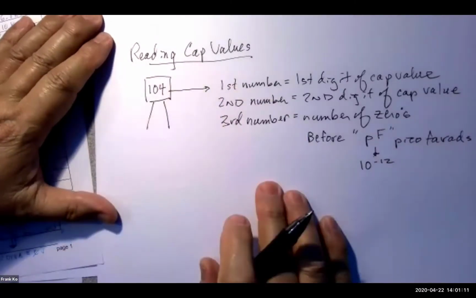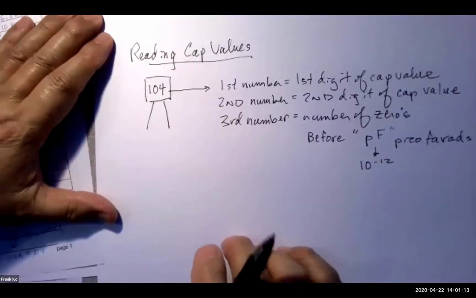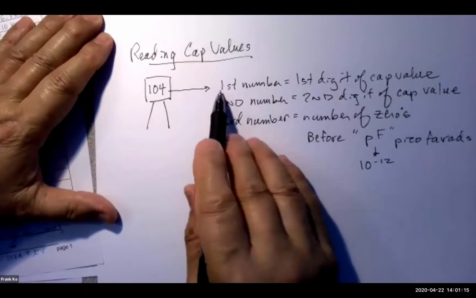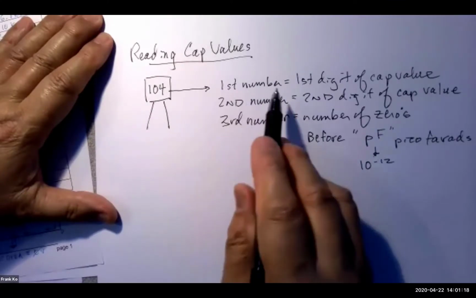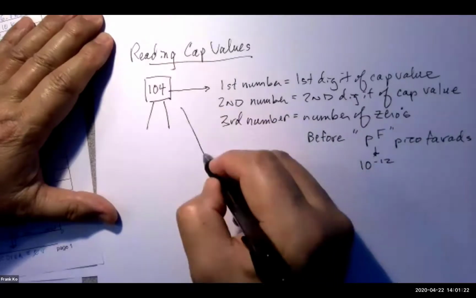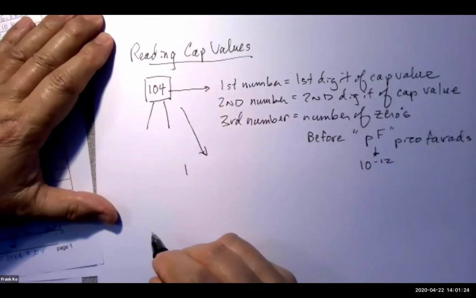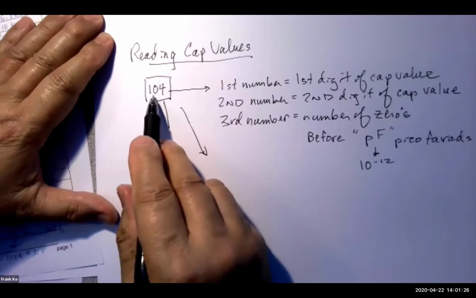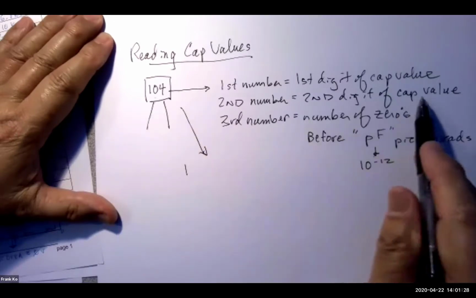So let me show you how we interpret this. If you see a marking and it shows 104, what is my first digit? My first digit is a 1. It represents the first digit of my cap value. The second number is a 0, the second digit of the cap value.